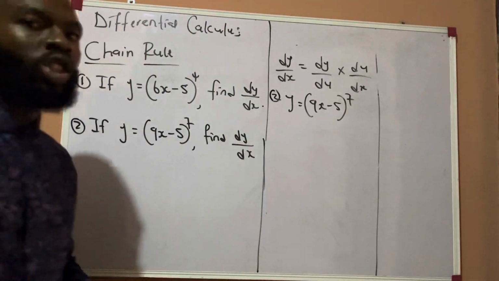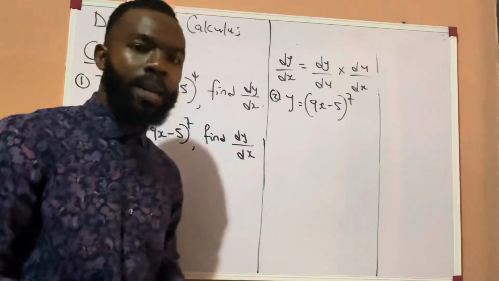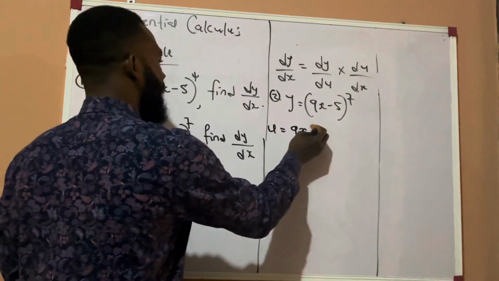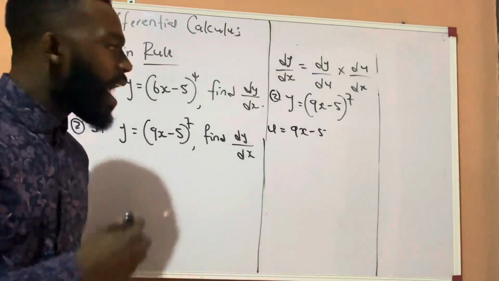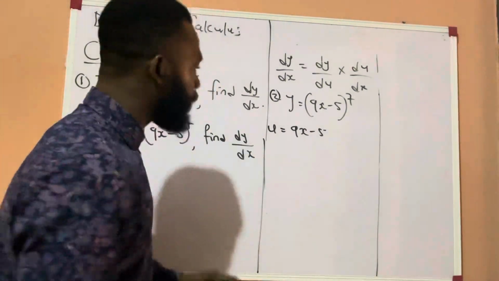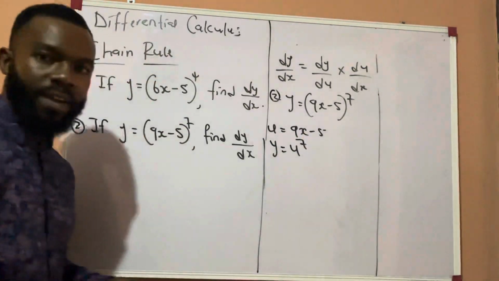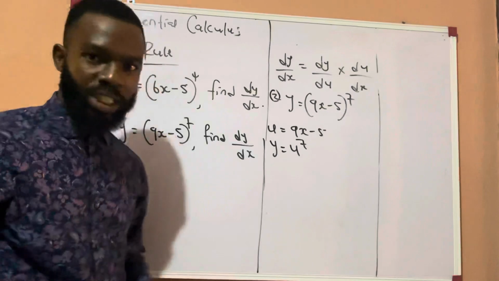Now we already know what u is. u is a function inside the bracket. So it means u is equal to 9x minus 5. And if u is 9x minus 5, it means y is equal to u raised to the power of 7, just like the first example we did.